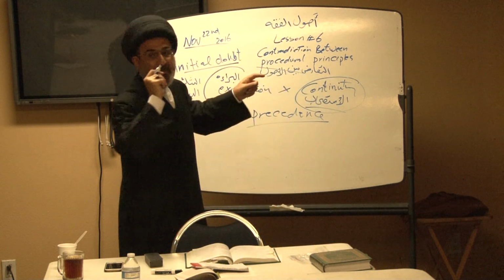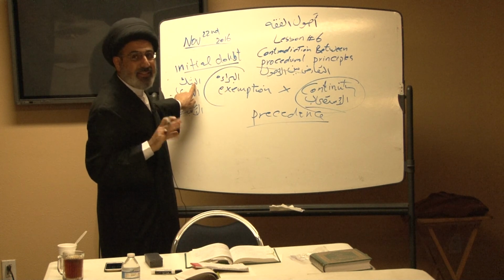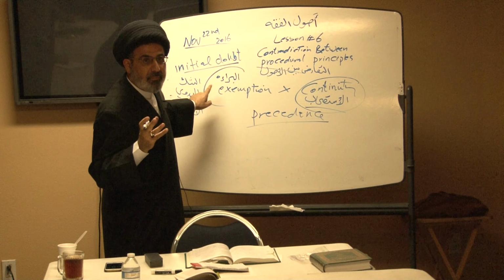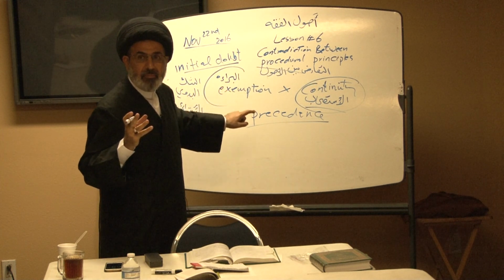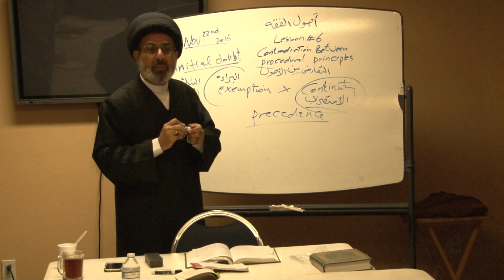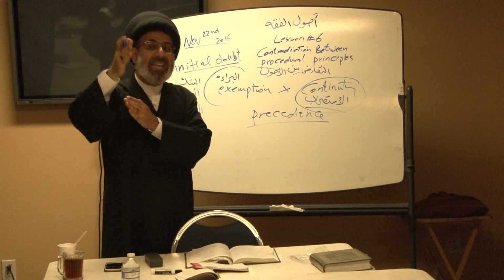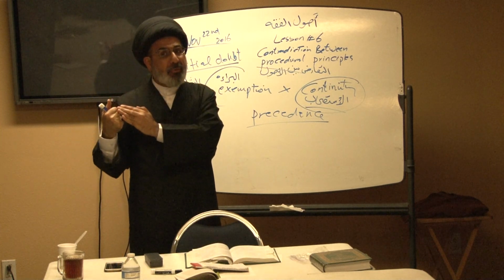So the example of sunset is not initial doubt. Why is it not initial doubt? Because Allah is saying continue, thumma atimmu, until you make sure. So I was fasting before.